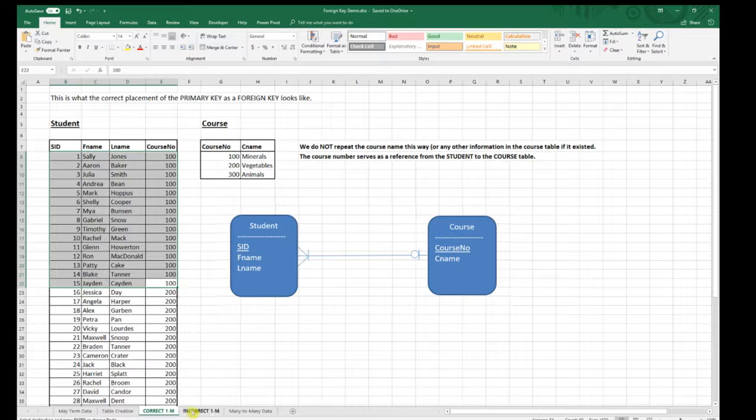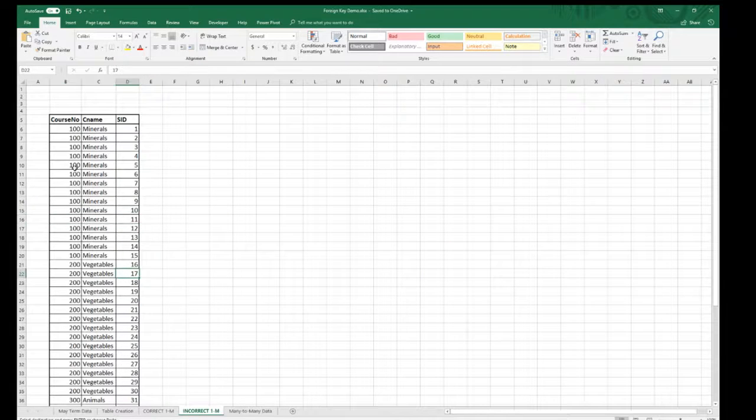As opposed to, if I again look at this example, I have a representation of all 15 students in the course, but while I'm doing that, I'm repeating the course name over and over again, which is just taking up additional space that I don't need to be taking up in the database.